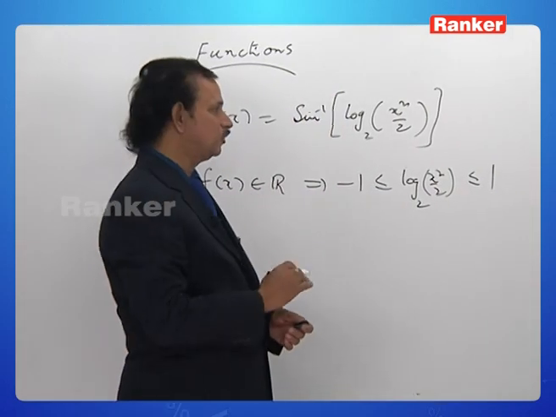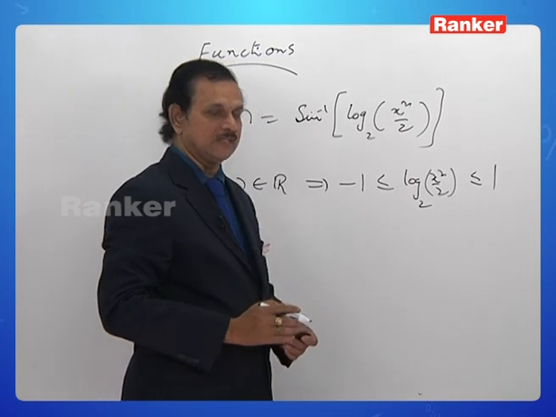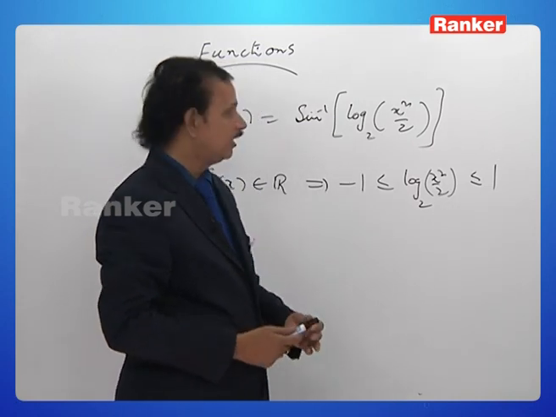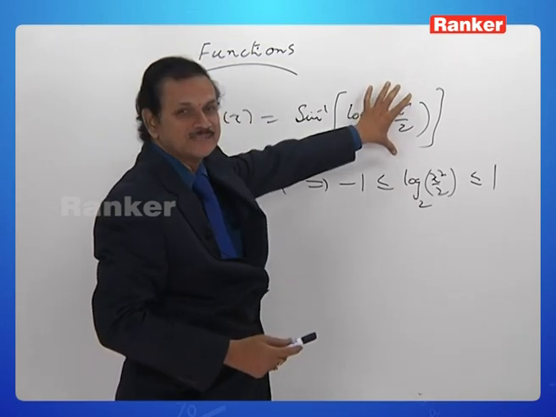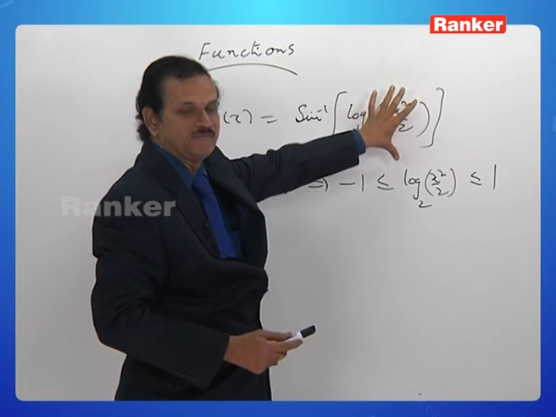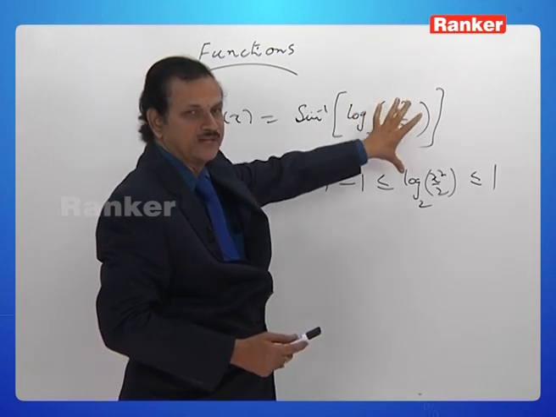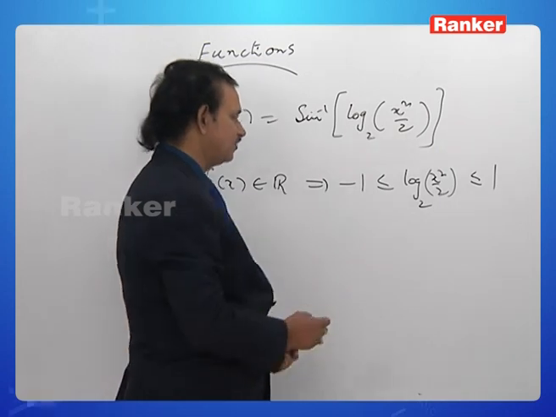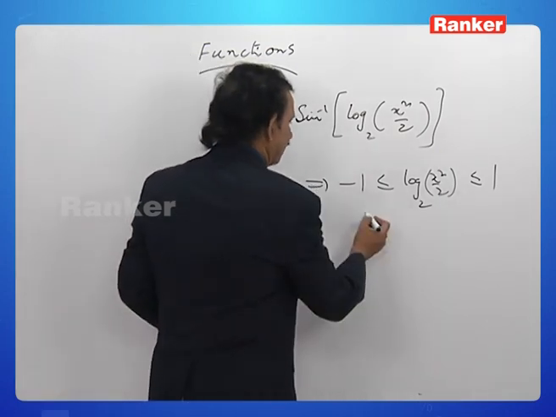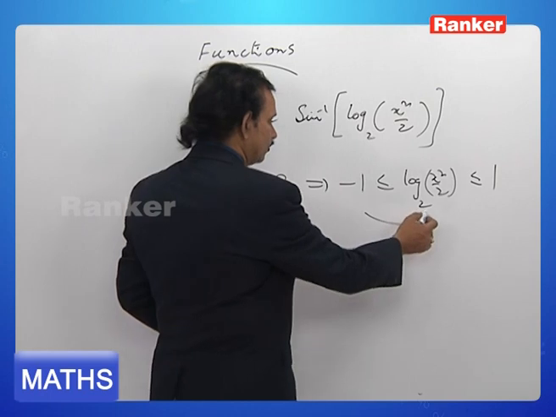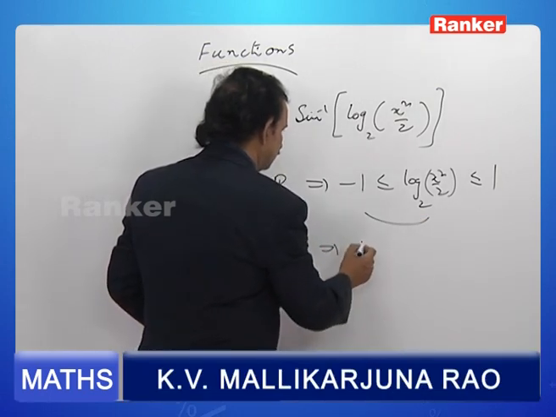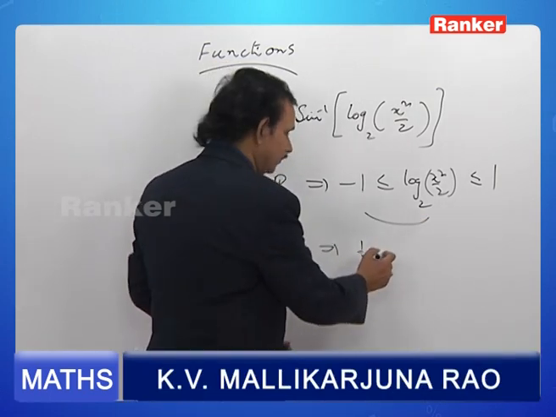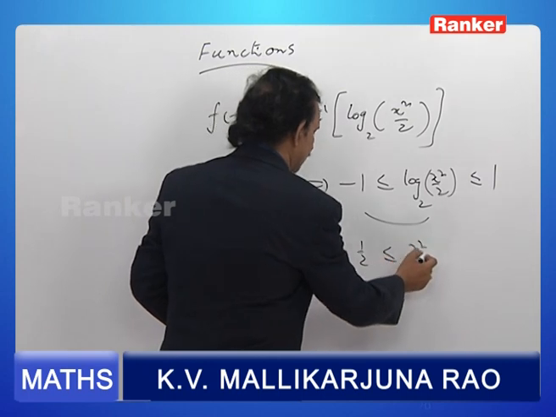If x lies between minus 1 and 1 only, sine inverse x is going to be defined. You call this some A. Sine inverse A is possible to be defined if minus 1 less than or equal to A less than or equal to 1. Well, let us make use of this. From this, you can have 2 power minus 1, that is 1 by 2, less than or equal to x square by 2.